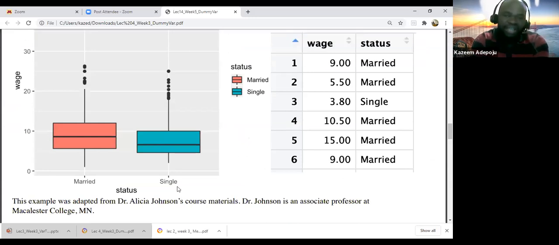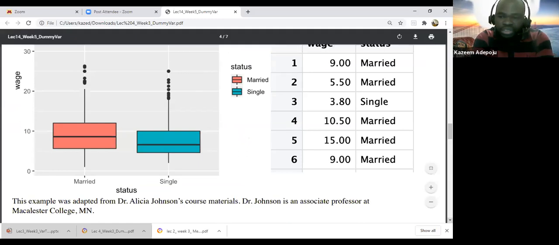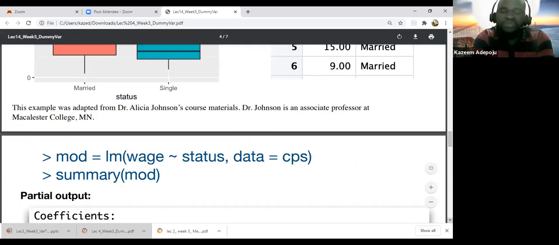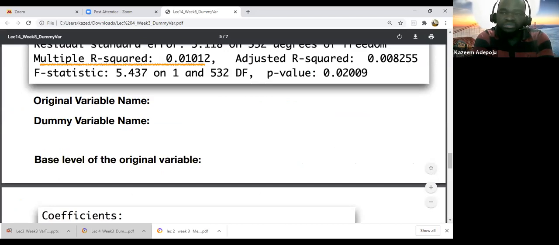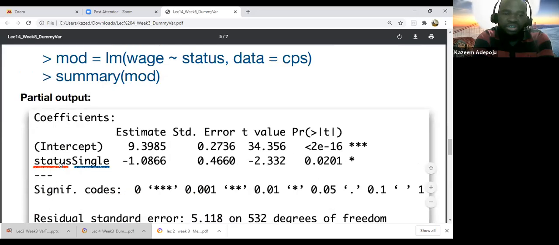Based on this analysis, though you can switch that, if you want married to be 0 and single to be 1, the one that you are referring to as 1 is the one that should appear in your status. What did I put right here? Status single, because I'm denoting single to be 1.